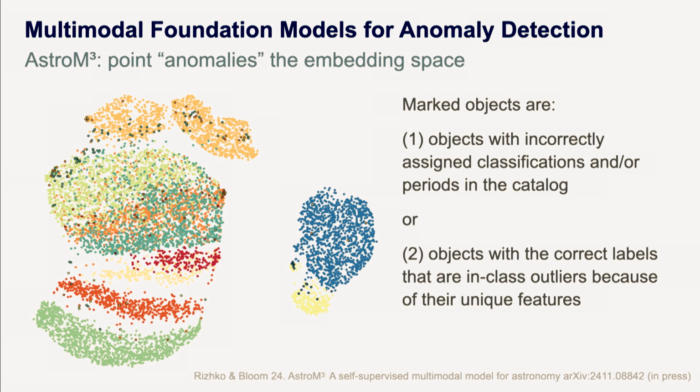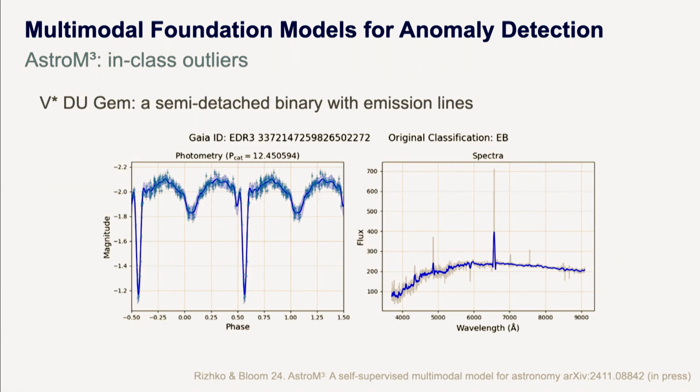Or we have things that are actually correctly classified, but they're weird, maybe in one of the modes. And so we have examples of what we call in-class outliers, where we have a normal-looking light curve in an eclipsing binary system, but then we have something anomalous, where we have a whopping H-alpha line there that's usually not there in most eclipsing systems.